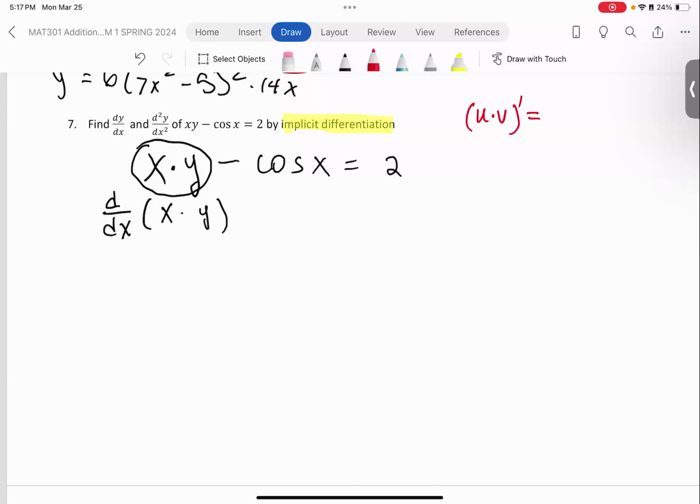So if you use u and v, it's u prime v plus u v prime. If you were studying with f and g, it's the same idea: f prime g plus f g prime. It's just labeling them slightly differently. The point is that you do not want to take the derivative at the same time. It's not prime times prime. Whether you call them u or v, we're going to write it like this.